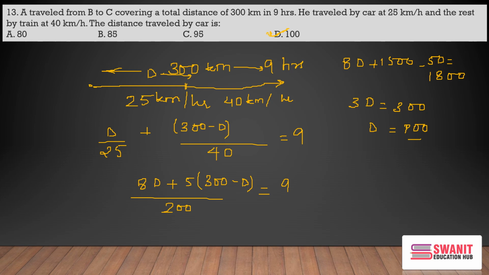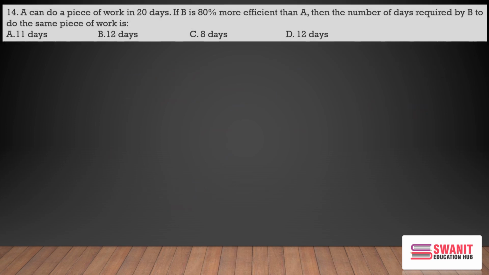So such a simple question. Let's look at another question. A can do a piece of work in 20 days. If B is 80% more efficient than A, then the number of days required by B to do the same piece of work is. It says that A can do some work in 20 days.